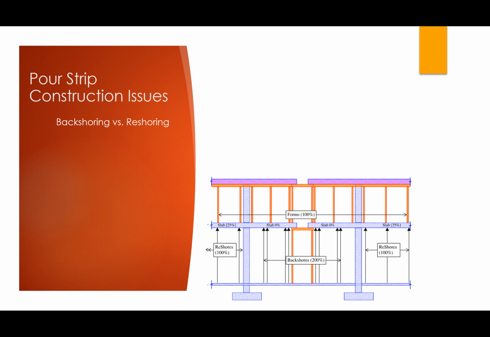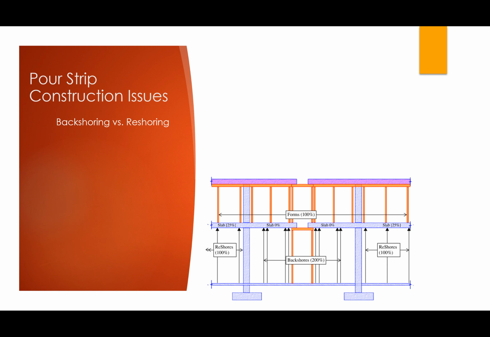Notice your backshores on level 1 are now supporting the combined weight of level 2 and level 3. Again, that is necessarily the case because none of these slabs in this bay are self-supporting. They all rely 100% on the shoring system for support. In other words, there is zero stress in the slab. But that's not the case typically.